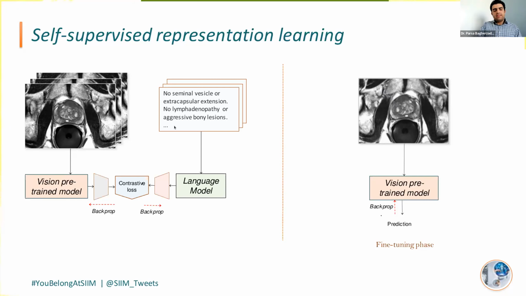Okay, and then we do the training, we backpropagate through this contrastive loss and update the parameters of this vision model. Now this vision pre-trained model, for instance, could be a vision transformer that Susan talked about. We can then fine-tune it for our downstream tasks. This now has better representations.